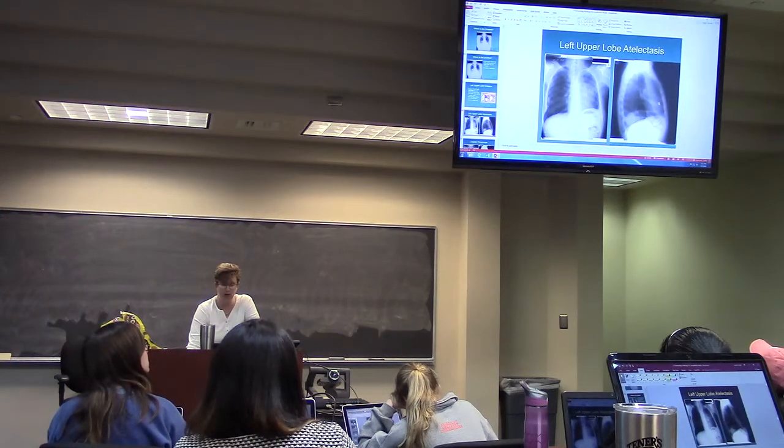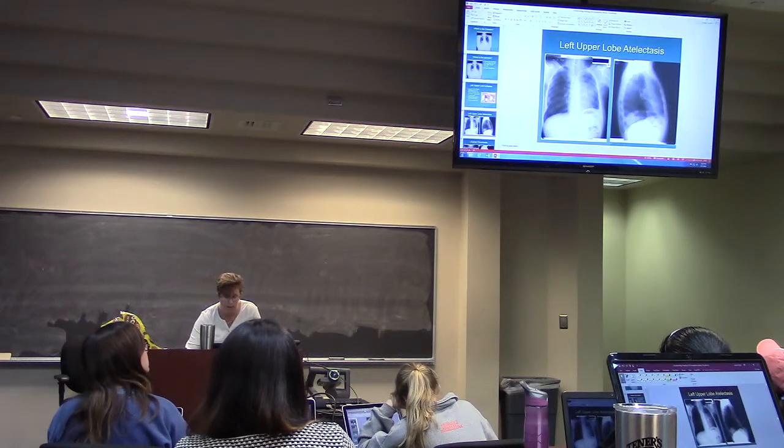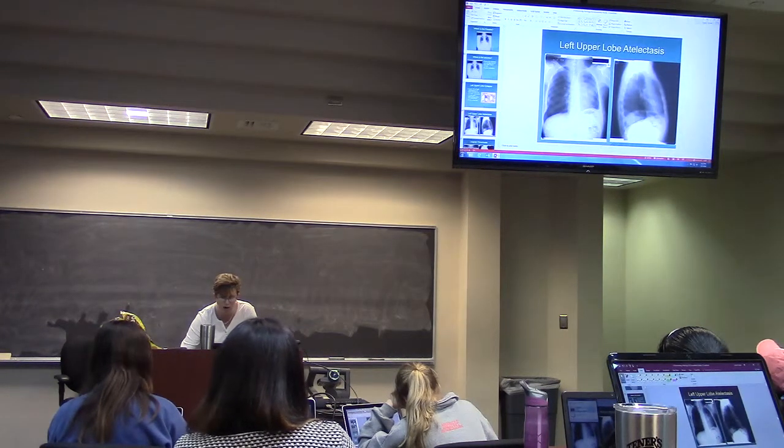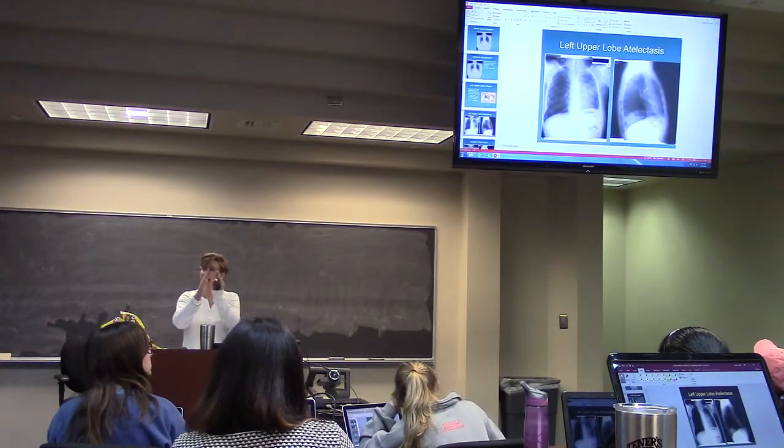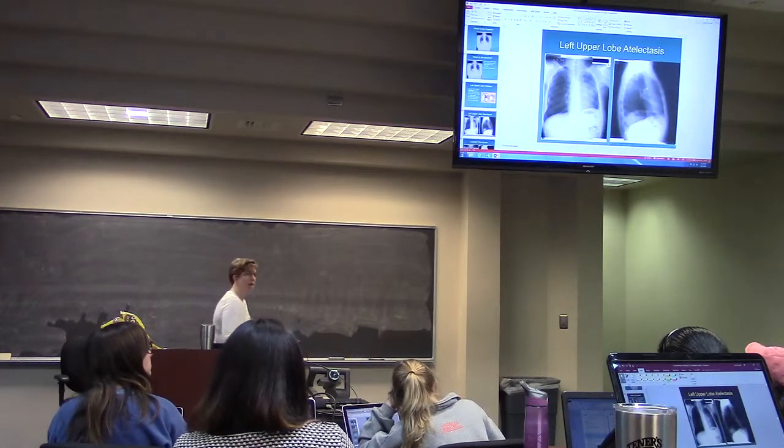I look at my lateral and, remember, that fissure should be right here between my upper and lower lobes, and it's all the way up here. So something has shifted, has collapsed that lobe of that lung.